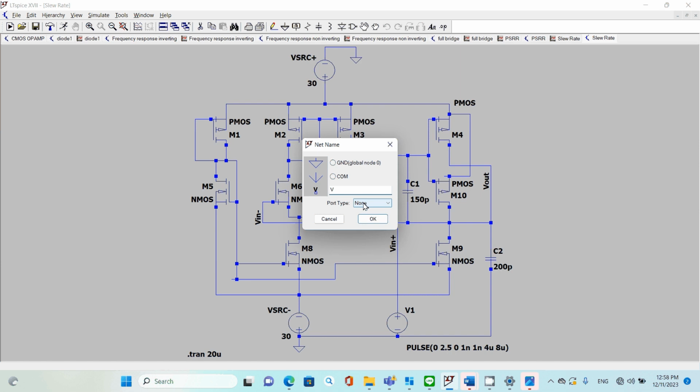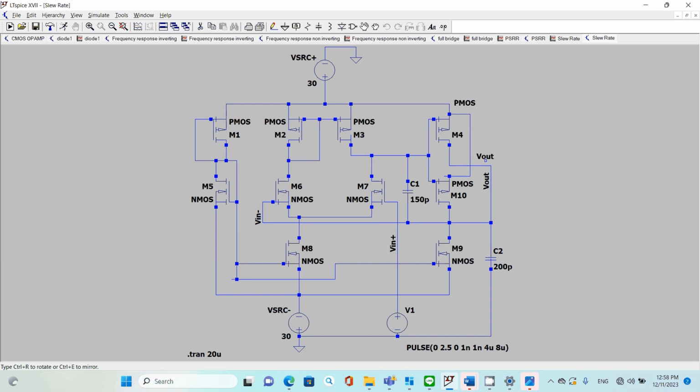So this one becomes V out as reference, easy to follow. You close it, you click OK, and you put the square under the label V out on your wire. Okay, left click to place and right click to stop. Same as V in plus, V in negative and V in positive.